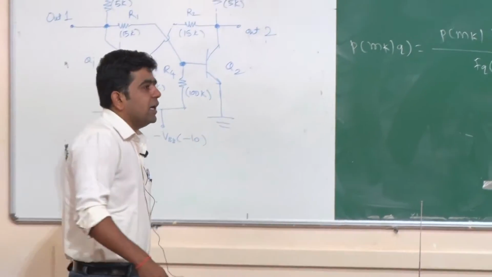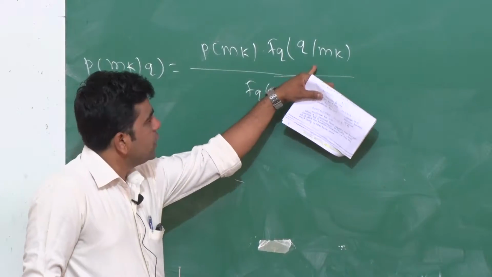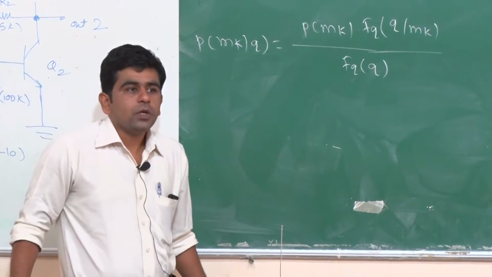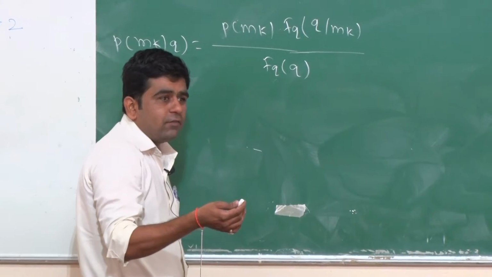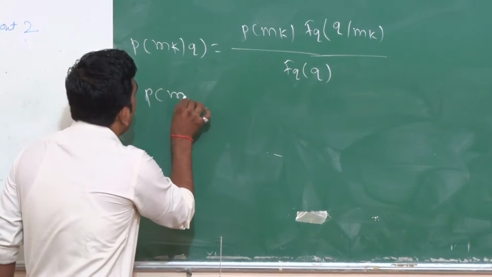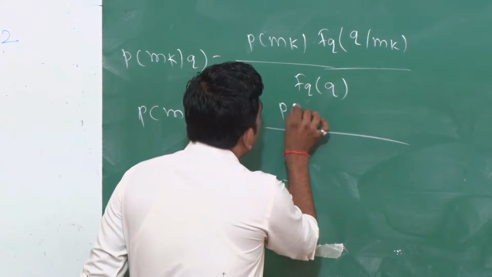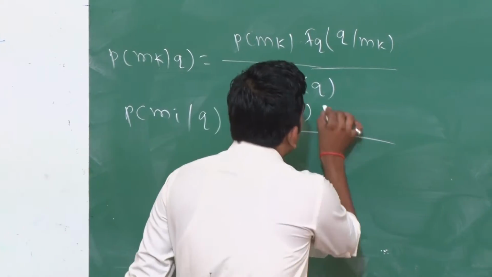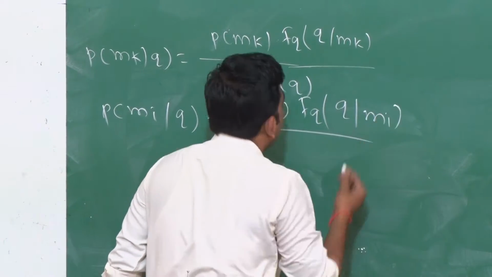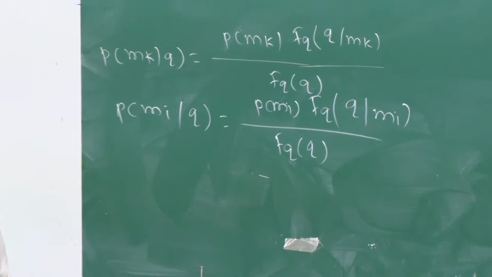That is multiplied with the conditional probability density function, that is q given mk, divided by the probability density function for q. In particular, when we are interested in any symbol i, the probability of mi given q is equal to the probability of mi times the conditional probability density function q given mi, divided by the probability density function for q.